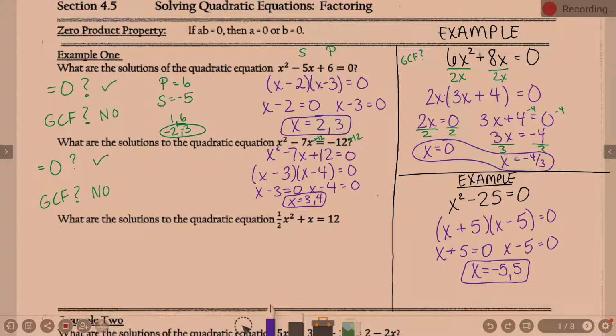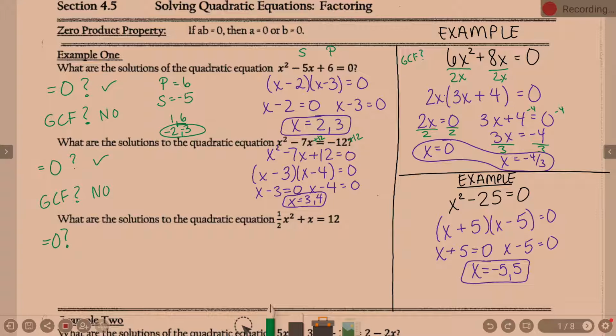So if we jump down to our last example on this half, and then we'll go to the bottom half, what was our first question we were asking ourselves over and over and over every problem? In order to factor, and these are quadratic equations, right, which means it's x to the second. So first question, does my equation equal 0?